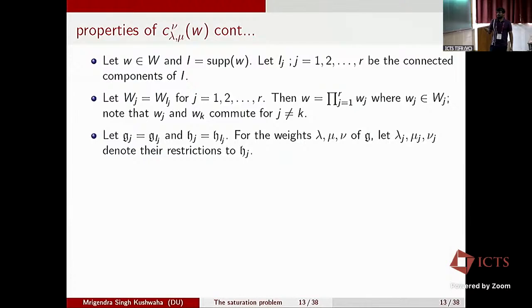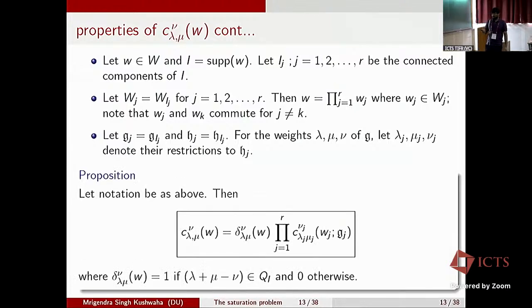Let Gj denote Gij, Hj denote Hij, and similarly for weights lambda, mu, nu for G, let lambda j, mu j, nu j denote the restriction on Hj. So we can notice that C lambda mu nu W, which is delta lambda mu nu W, is equal to the product of C lambda j mu j nu j Wj in Gj.